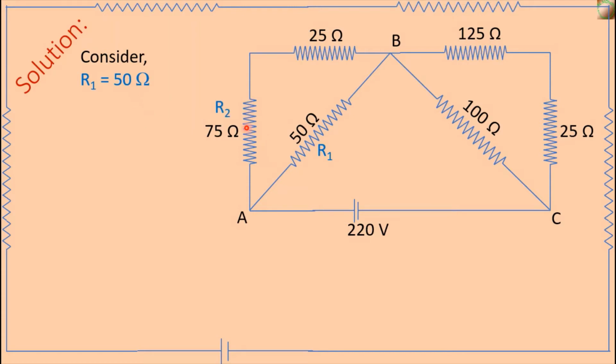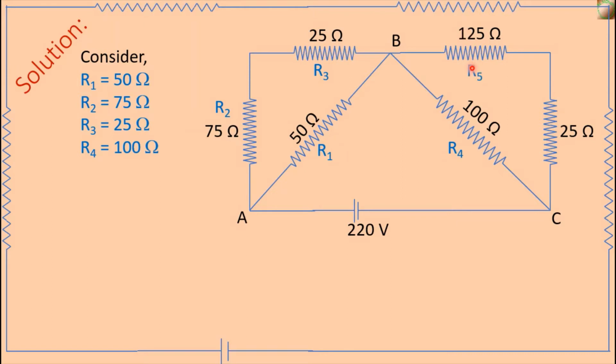This resistance is R2 and R2 is equal to 75 ohm. This resistance is R3. R3 is equal to 25 ohm. This is R4, and R4 is equal to 100 ohm.